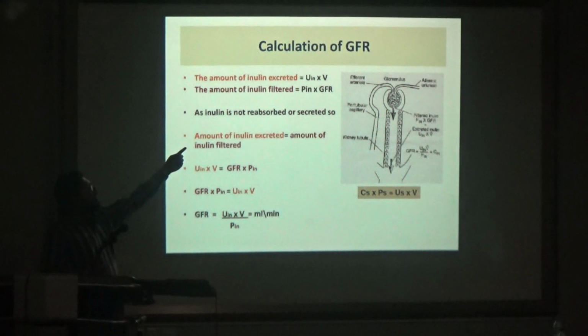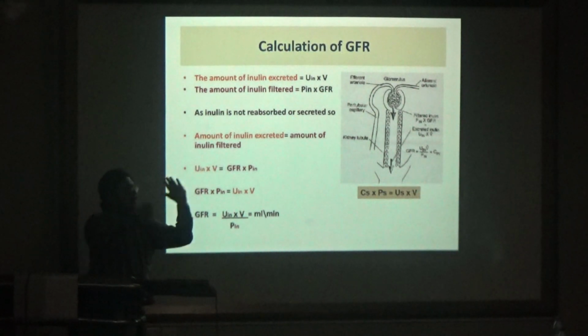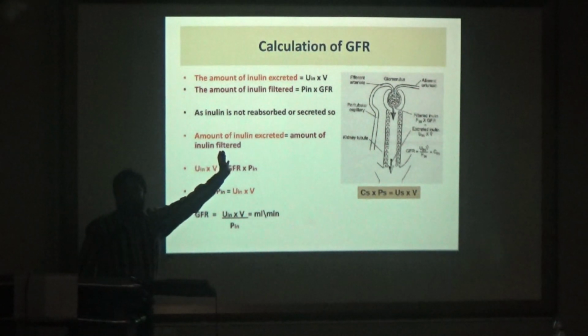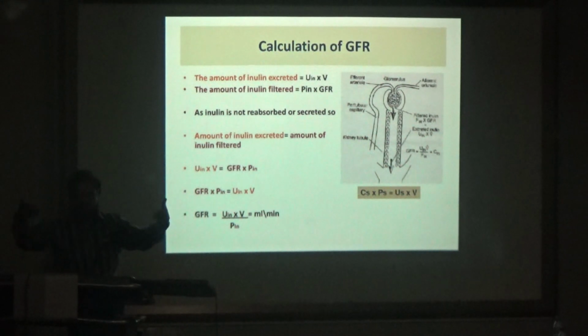Now we have changed what we were calling CS, clearance of substance S, to GFR, since we are talking about the glomerulus, so we call it the glomerular filtration rate.